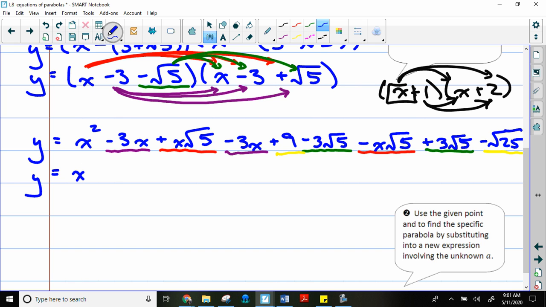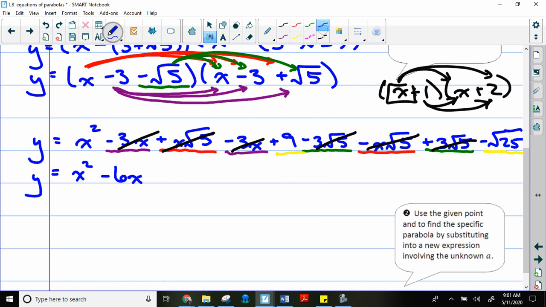X squared. I'm making negative 3x minus 3x, negative 6x. Positive x root 5, negative x root 5. Bingo bango. Bang, bang. Love it. I already dealt with that one. Let's go to the green. Negative 3 root 5, positive 3 root 5, bang, bang.